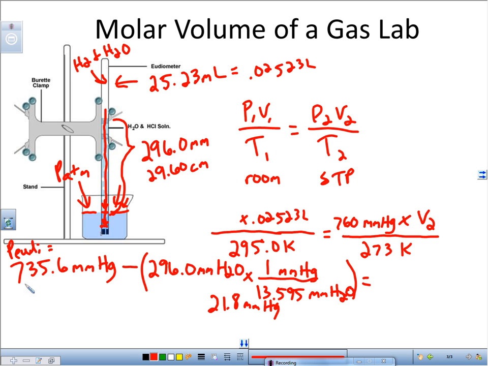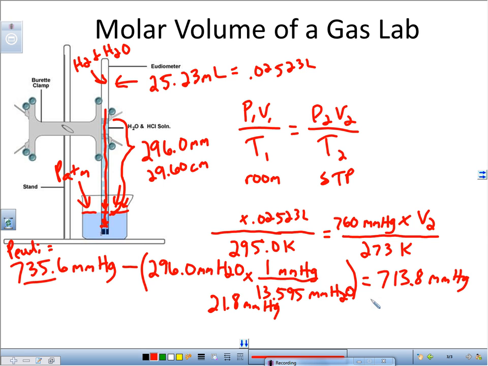I'm going to subtract that from the 735.6. That gives me 713.8. All right, so 713.8 is the pressure inside the eudiometer.